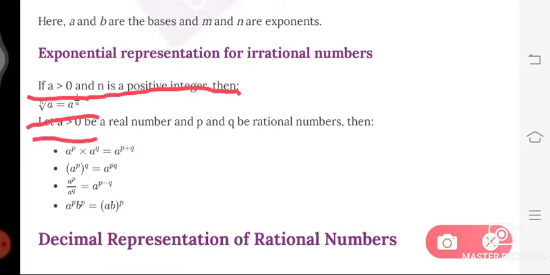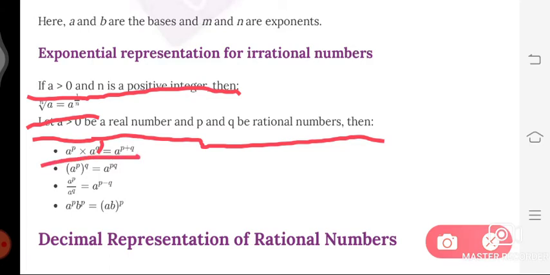Let a greater than 0 be a real number and p and q be rational numbers, then a raised to the power p into a raised to the power q is equal to a raised to the power p plus q. These all are the above identities, but only m and n are replaced by p and q.